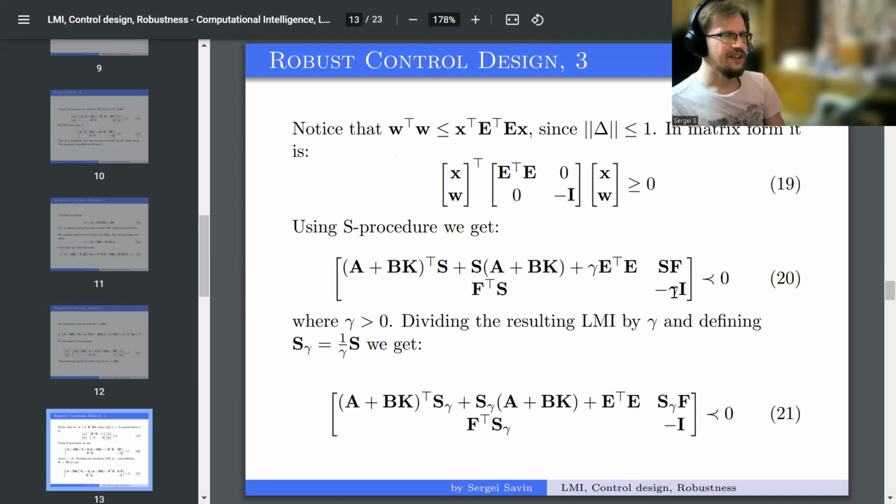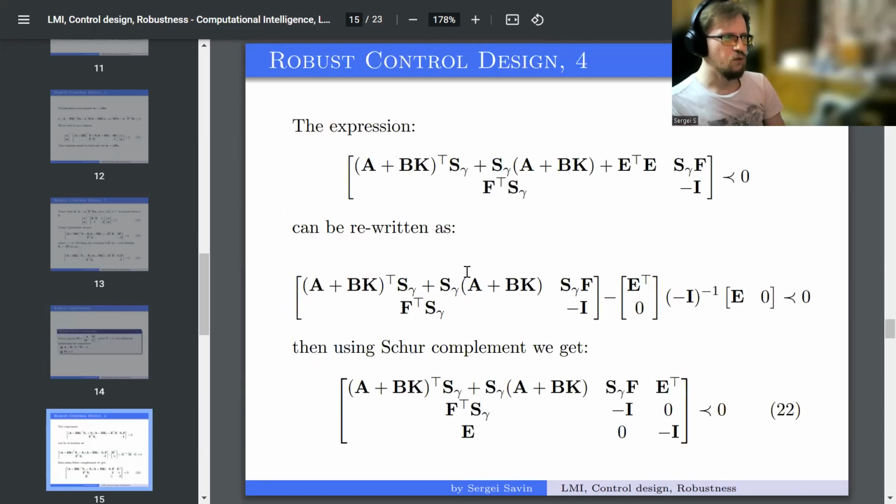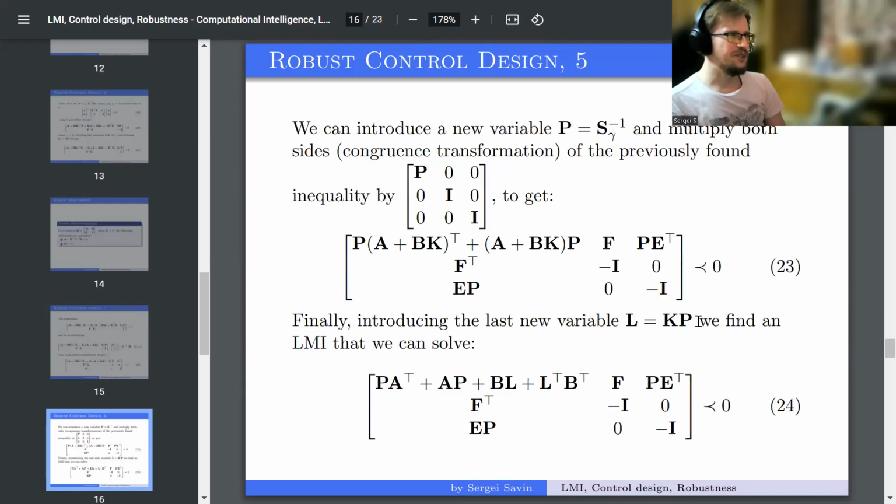For design, you would additionally have to use this trick, then the Schur complement, and here you will have to realize that this can be split like this. So about 8 non-trivial steps. Okay. And this one. Yeah. So 9. I don't know. Many non-trivial steps.